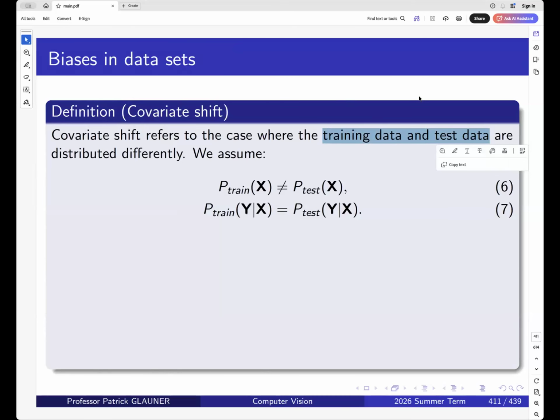Here with data, we don't mean the combination of X and Y, but what we mean with data is the X, so the input data.